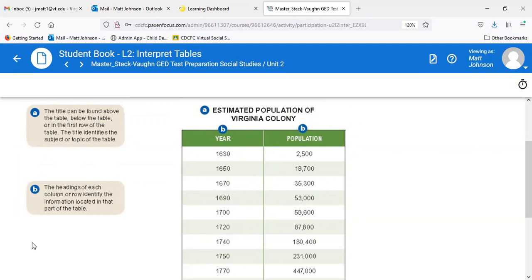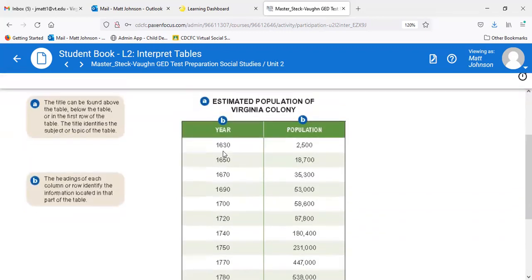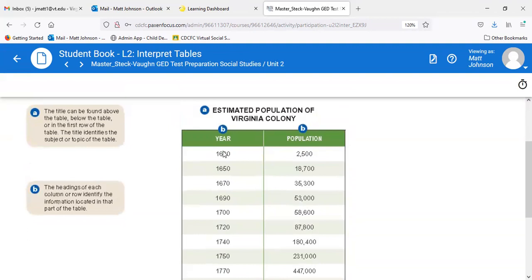And then our columns here, it's showing the headings of each column or row identify the information located in that part of the table. So in our left-hand column, we have year. And then in the right-hand column is population. And then through our rows, we'll have each individual year, and then it'll show the population for that given year.